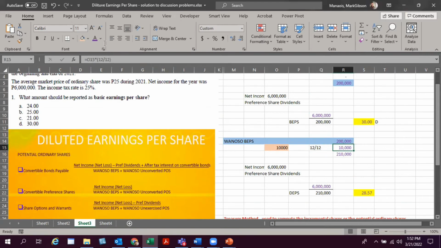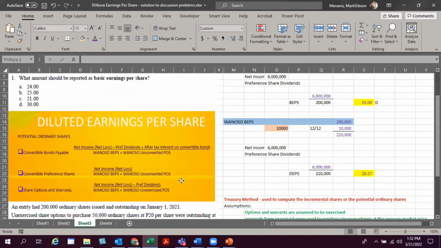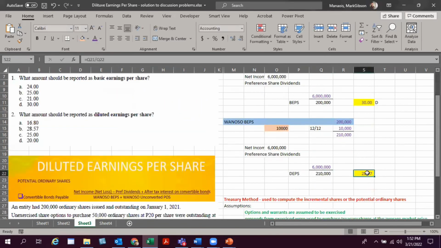So that's 10,000. Let's take the sum: 200,000 plus 10,000 is 210,000. 6 million over 210,000, the diluted earnings per share would be 28.57, or letter B.